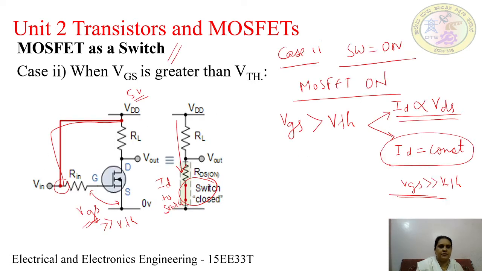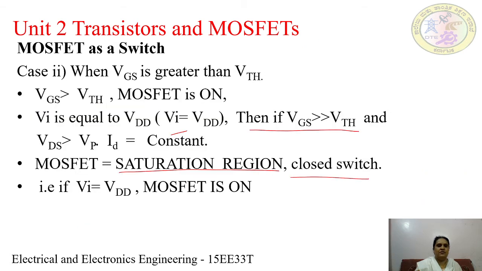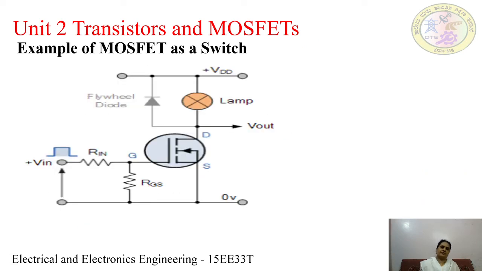Second one, the input is connected to VDD. So VGS is much greater than VTH. The MOSFET is driven to the saturation region. Therefore, it will behave like a closed switch. Current flows from drain to source. This is how the MOSFET acts like a switch.